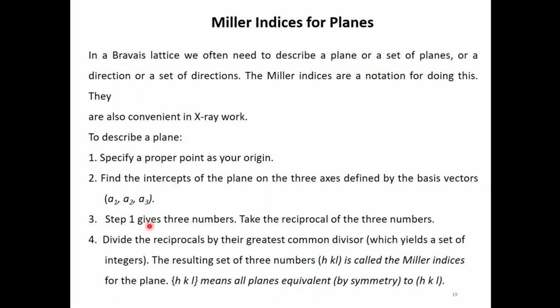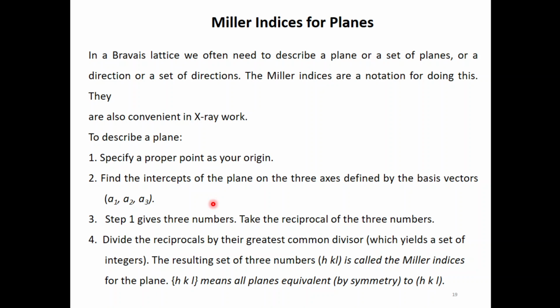So step number 1 gives 3 numbers. Like you are given a plane, okay? Remember, dear students, in the paper, you will be either given a crystal structure along with some planes, and you have to find out Miller indices for that plane. So the logic of the questions might be that.